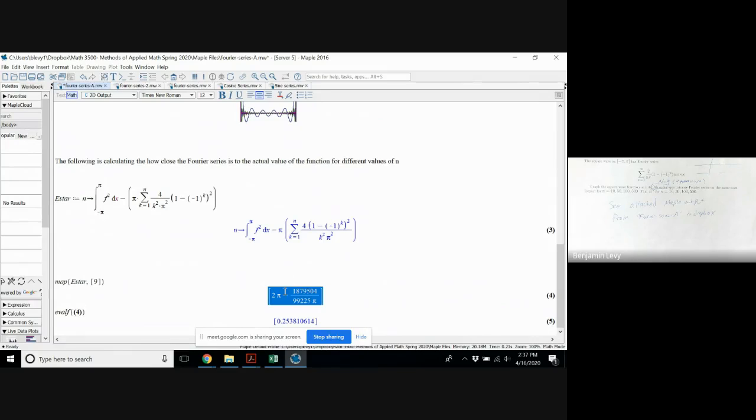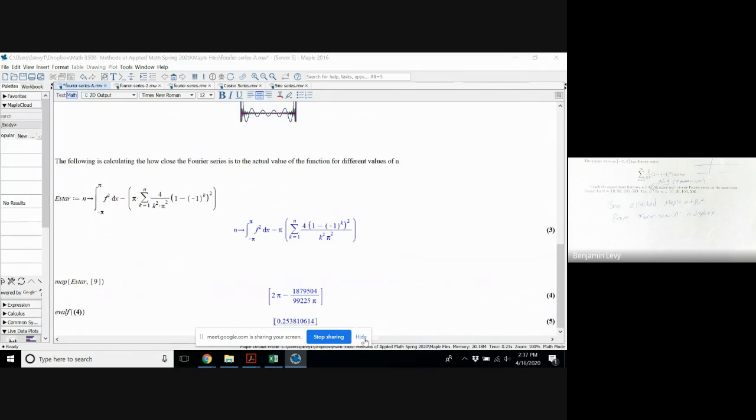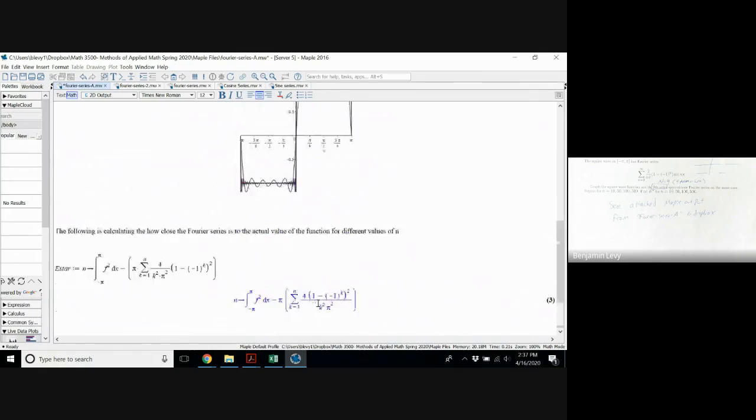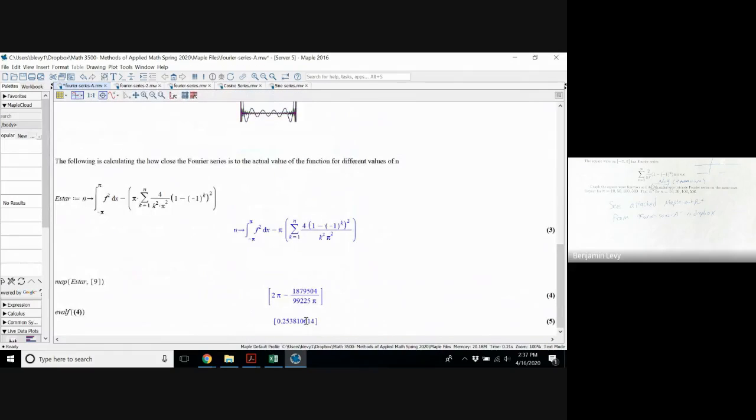I don't know what that value is, so here's how you make it into a decimal. When you do eval f and put the number 4 in there, it takes equation 4 and evaluates it as a decimal. So the entire error on this graph, the first one being shown, is 0.25, which is decently large.